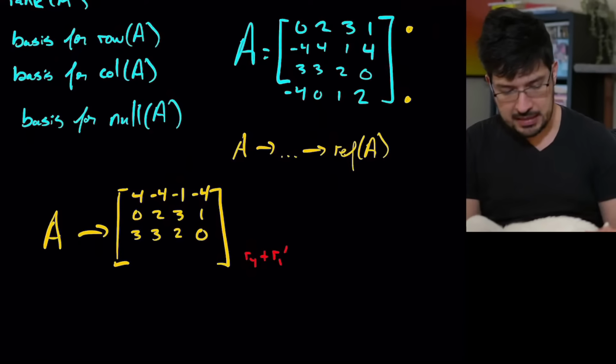I hope my notation makes sense. Then we have 0, 2 minus 2 is 0, 3 minus 0 is 3, and 1 minus 1 is 0, right? 3, 3, and I'll put row 3 there now.